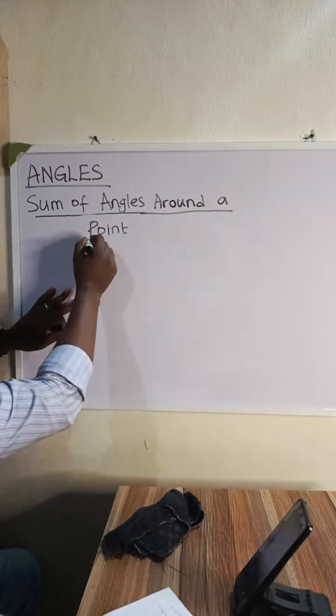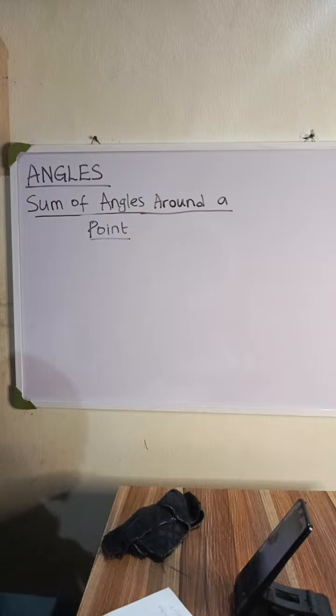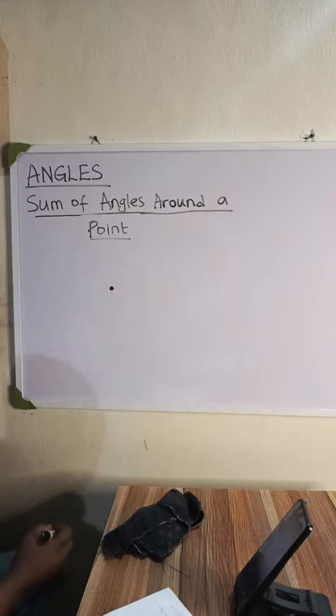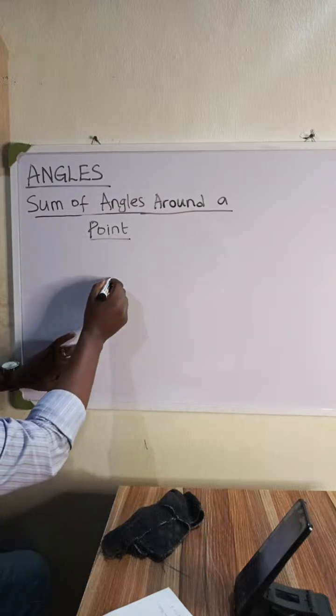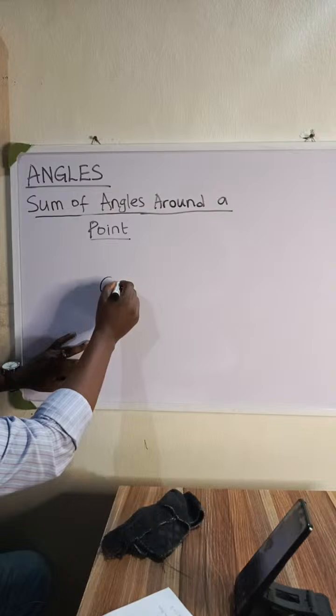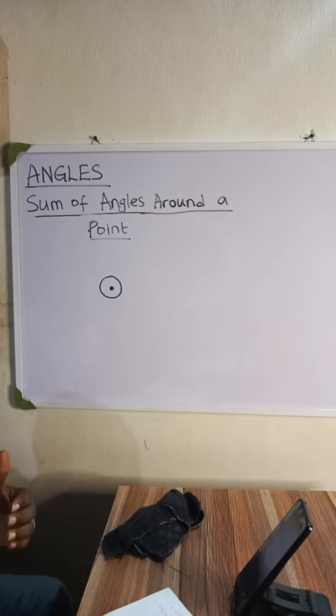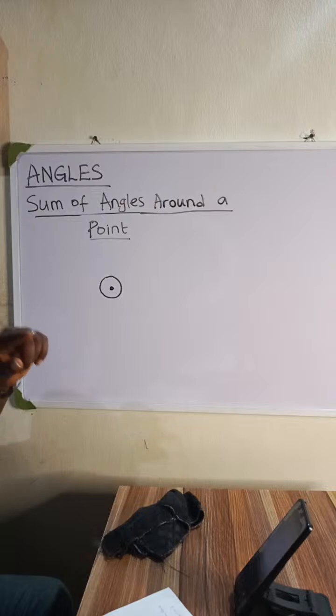If we have a point here, and then we have angles that go around it, from the types of angles that we learned earlier, we learned that a revolution is equal to 360 degrees.